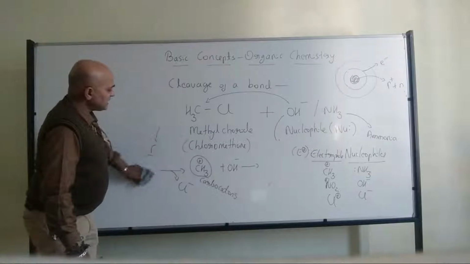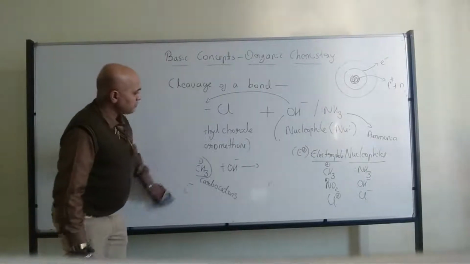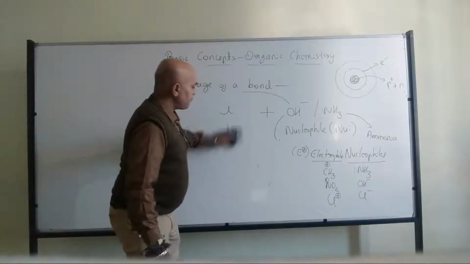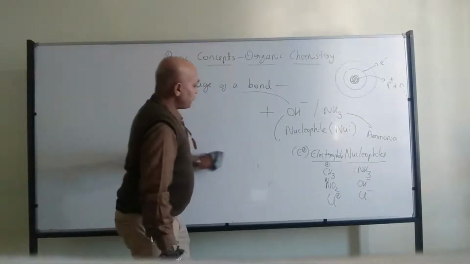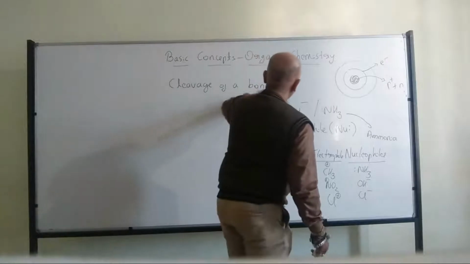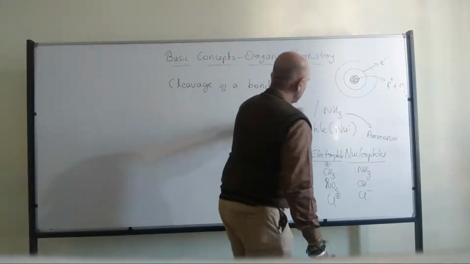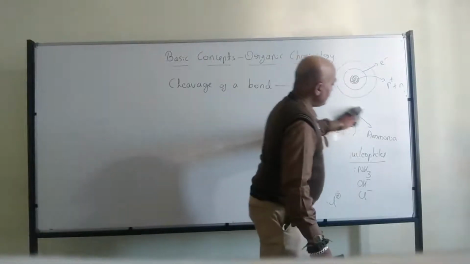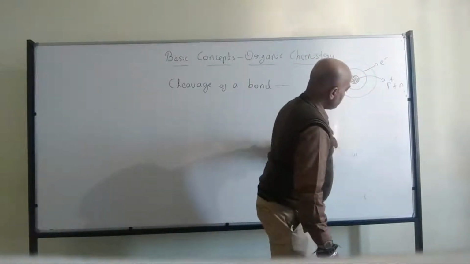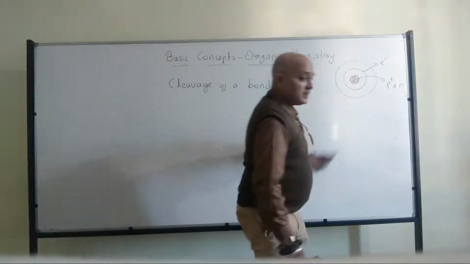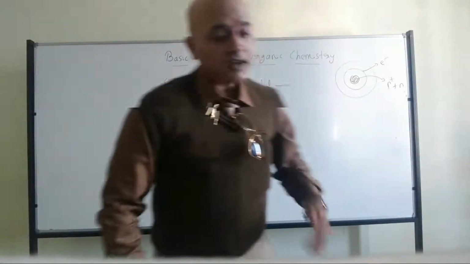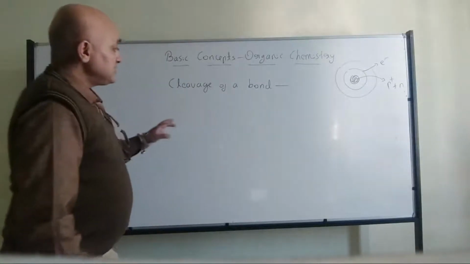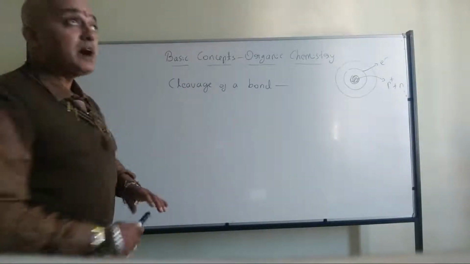Now if you observe carefully, in this reaction there was formation of one cation and one anion. There was a formation of carbocation and a formation of chloride, so CH3 plus and Cl minus.